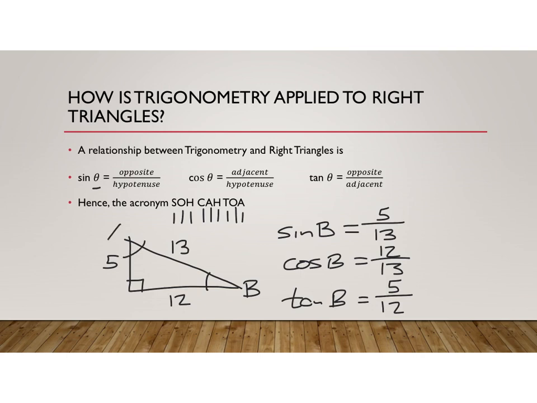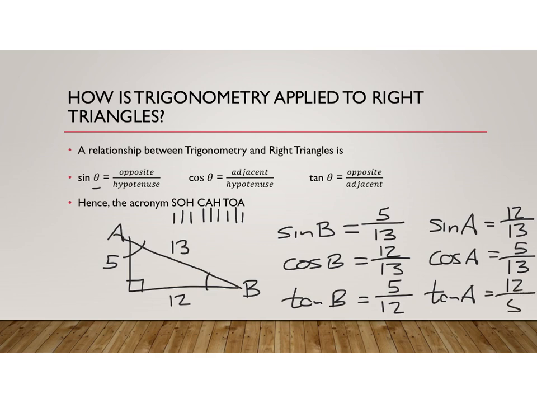If this was angle A, then sine of angle A, opposite over hypotenuse, would be 12 over 13. Cosine of angle A, adjacent over hypotenuse, would be 5 over 13. And tangent of angle A is opposite over adjacent, which would be 12 over 5.